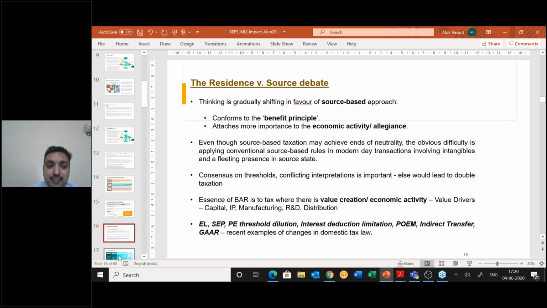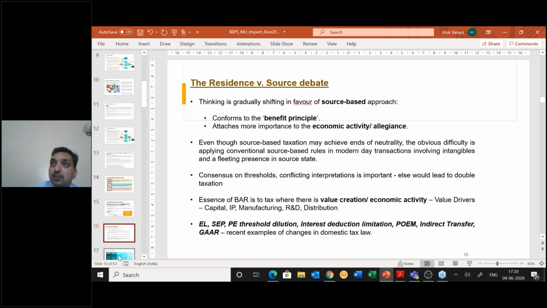India has introduced equalization levy. India has introduced the concept of significant economic presence, primarily with the view to tax digital companies. India has expanded the definition of business connection.